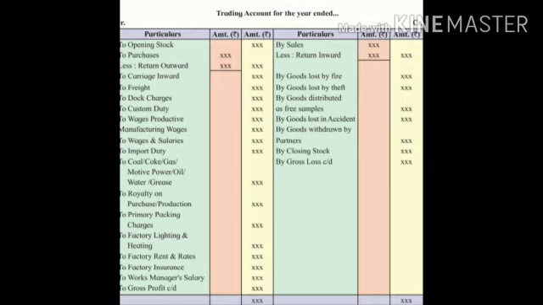Vice versa, if the trading account shows a debit balance, that means the debit side is heavy, so it is called gross loss. Debit balance of trading account indicates gross loss. Credit balance of trading account indicates gross profit.